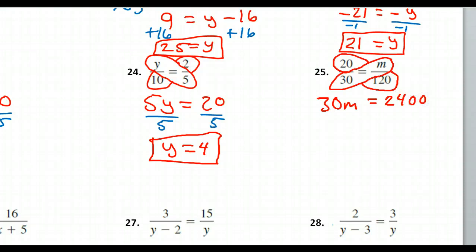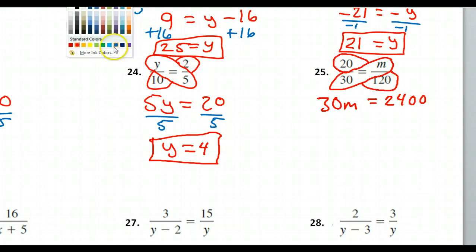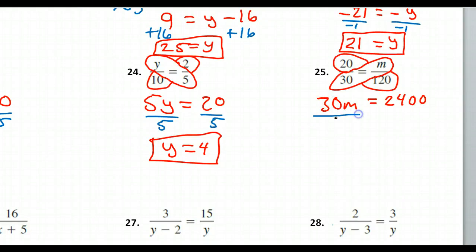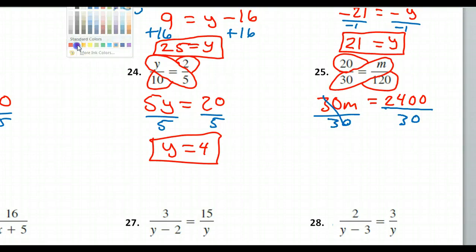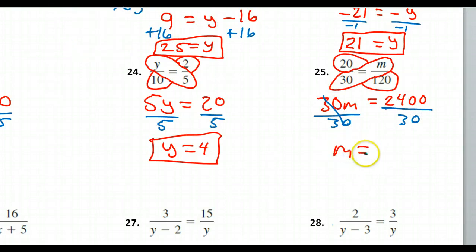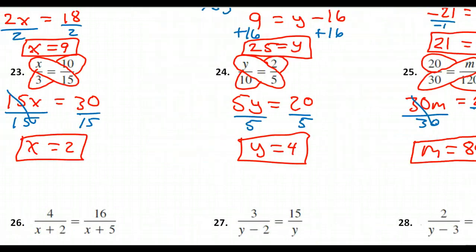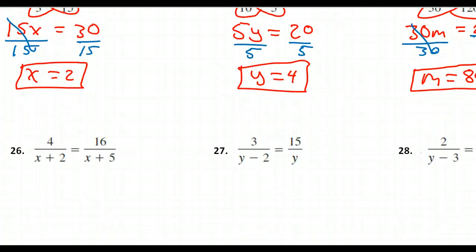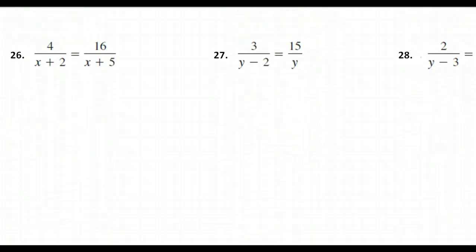If I divide by 30 on both sides, then I've got m is equal to 80. Okay, we are in the home stretch, man. Number 26.